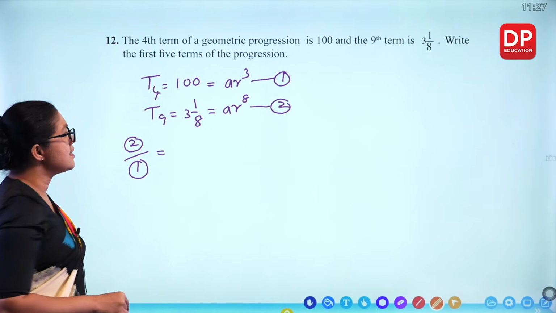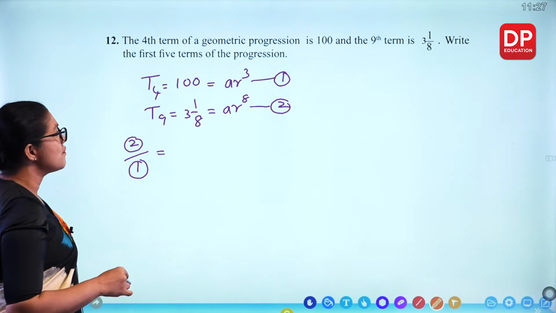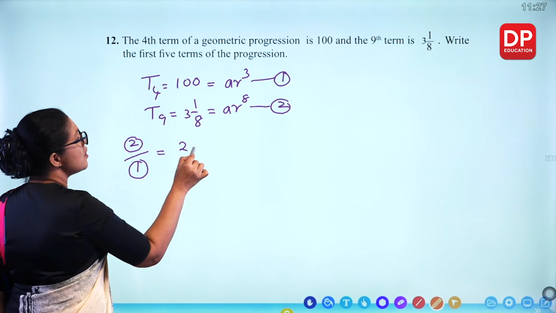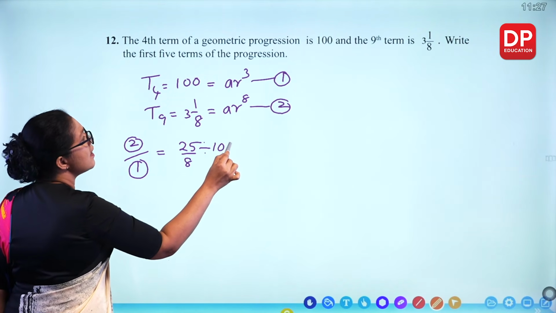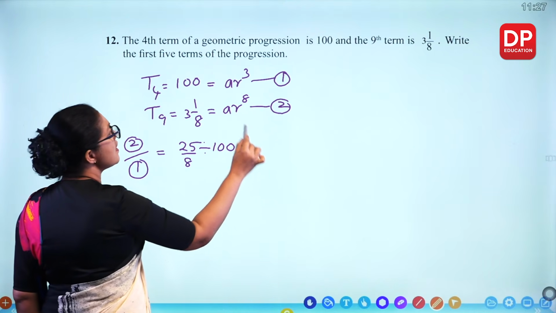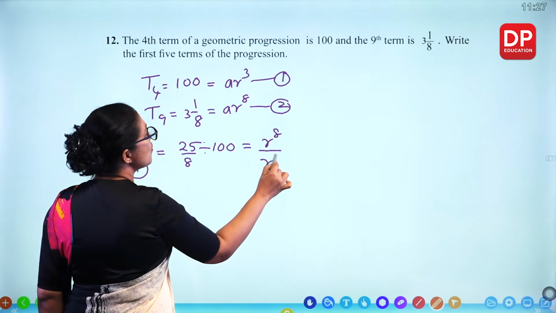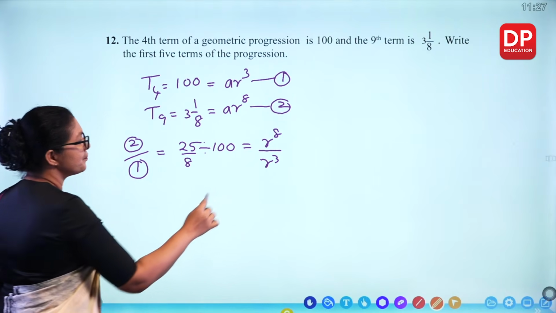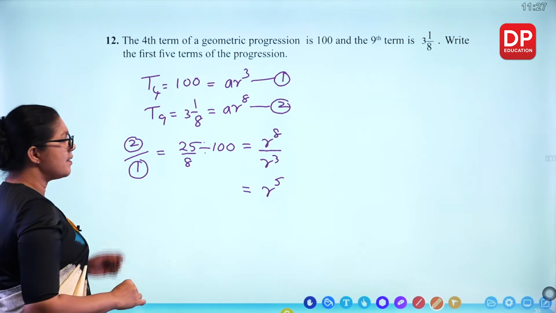I'll rewrite this as an improper fraction. 8 times 3, 24 plus 1, 25. 25 over 8 divided by 100 is equal to, a gets cancelled out, r to the power 8 over r to the power 3. So you get r to the power 5, 8 minus 3.